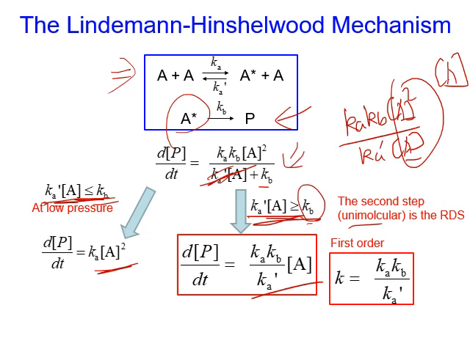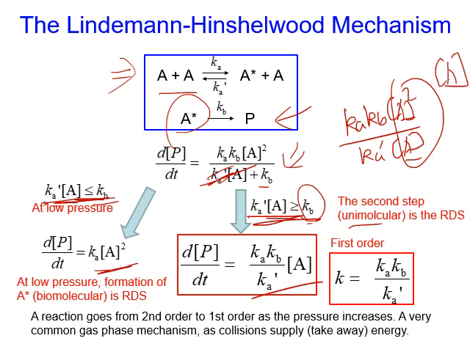But the first step is a bimolecular reaction, and therefore that explains why the reaction becomes second order. So the Lindemann-Hinshelwood mechanism predicts that gas phase reaction should go from second order to first order as the pressure increases. And this is confirmed by experiments.